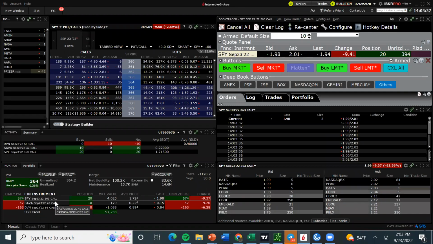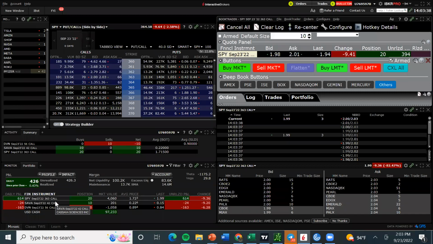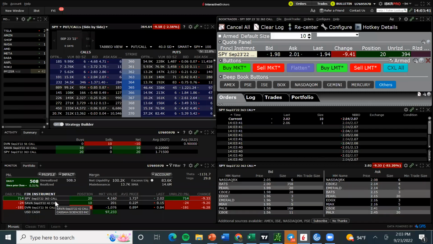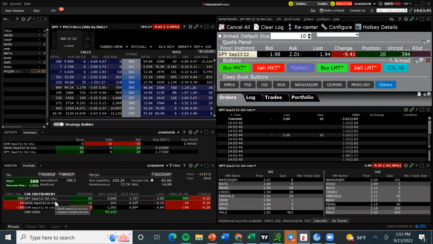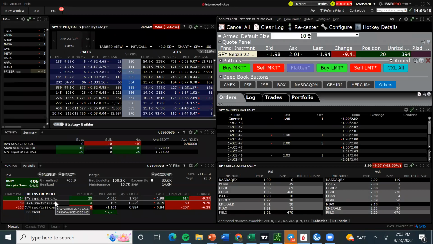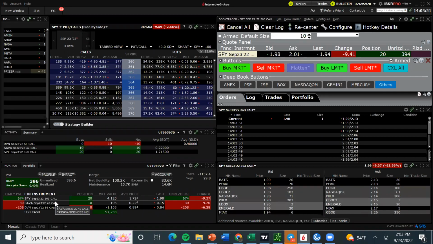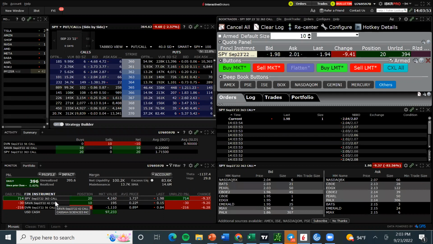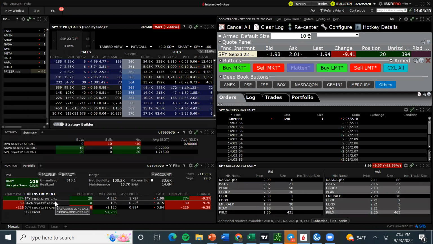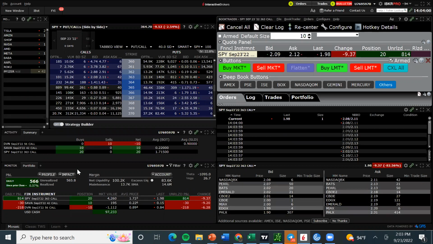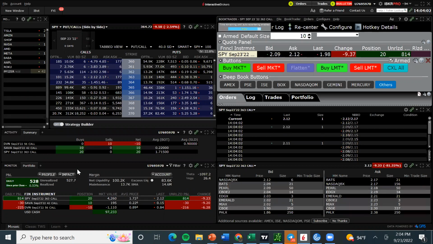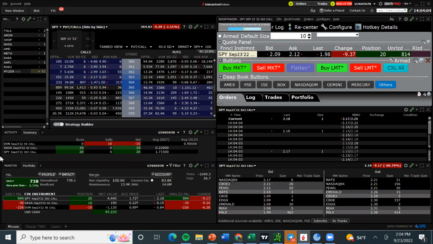There is a spike that can go to 366, 367.